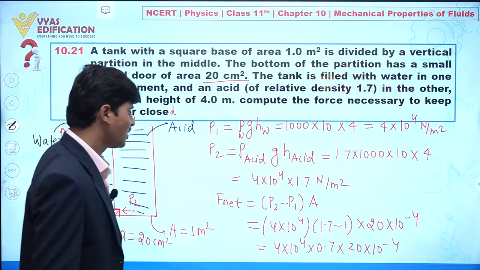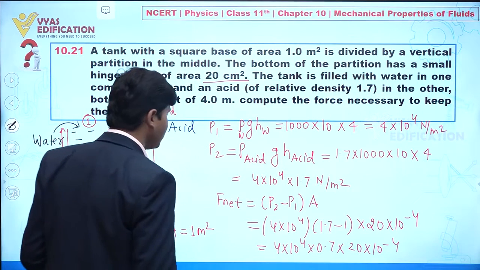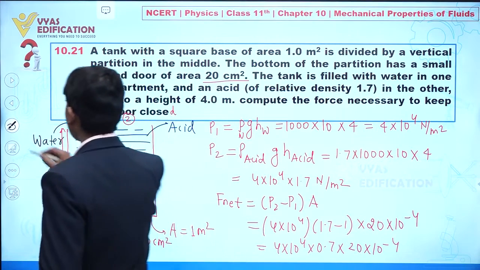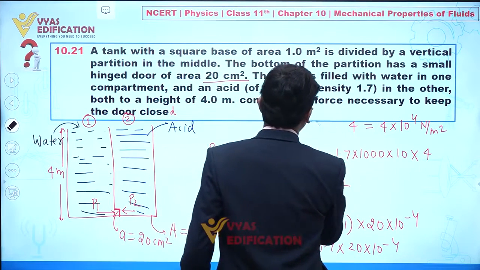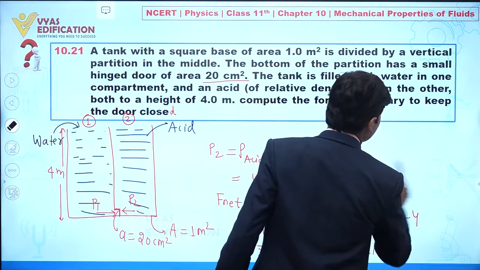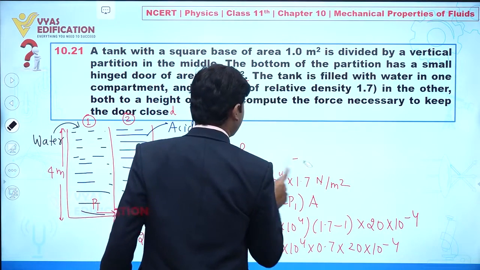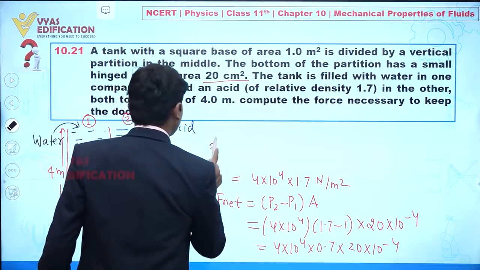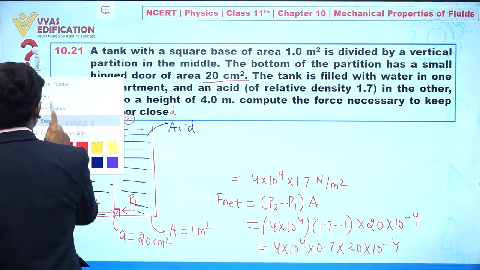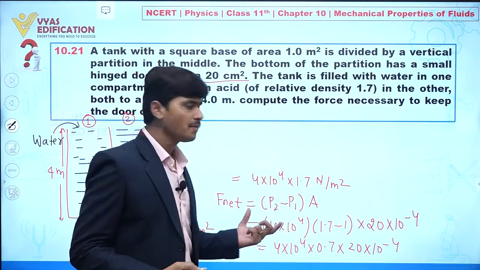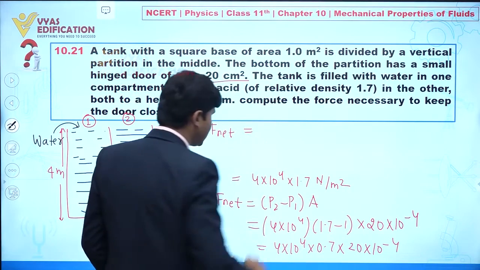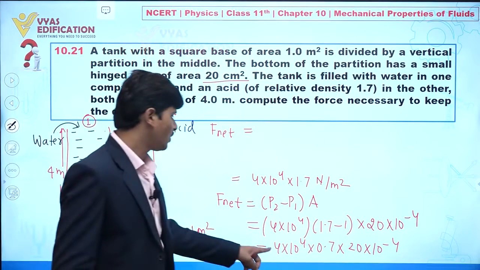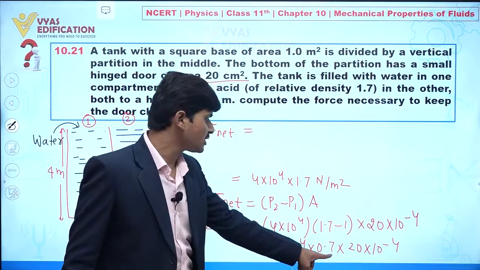Now if you calculate, I am just working it out here. So from here net force, F net, is given by 4 into 10 to the power 4 into 0.7 into 20.